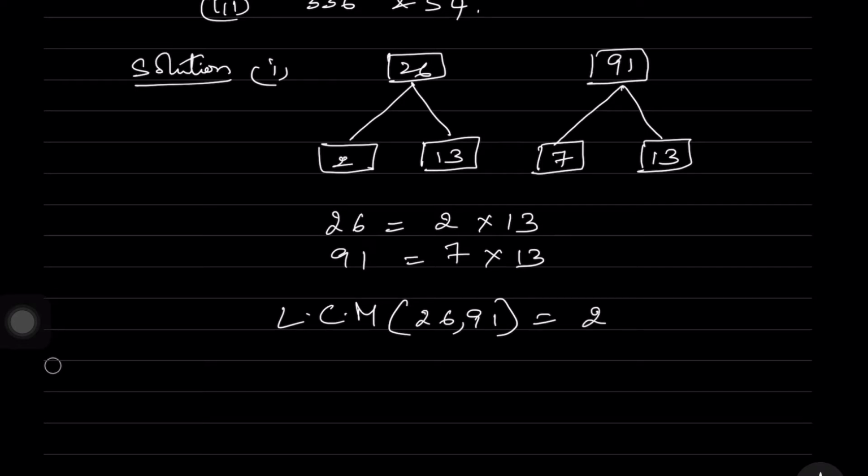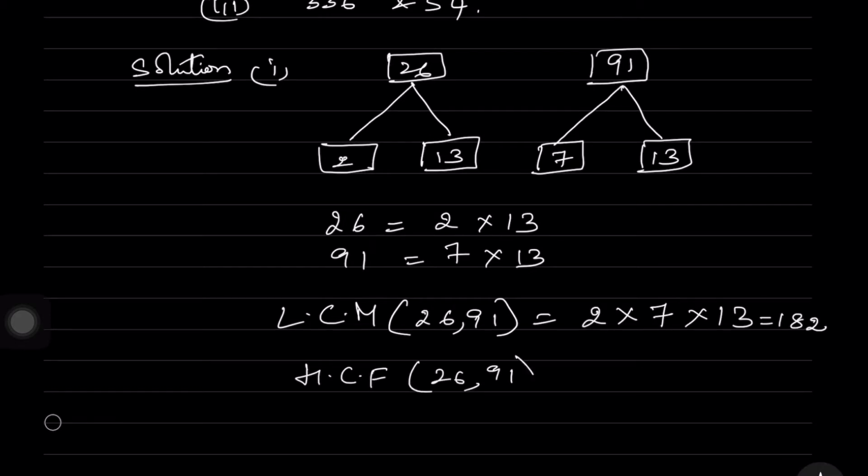So we get 2 into 7 into 13, which is equal to 182. And the HCF of 26 and 91 is the common factor in both of them, that is 13.